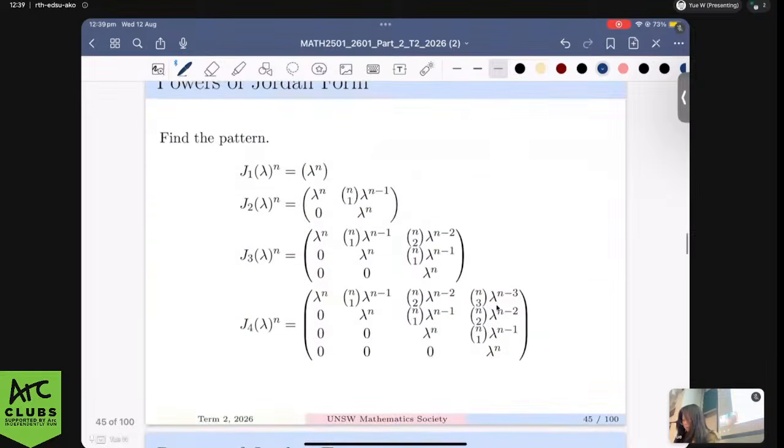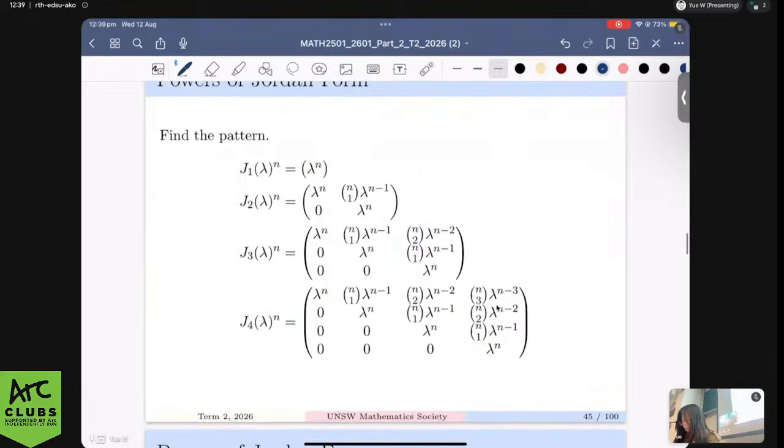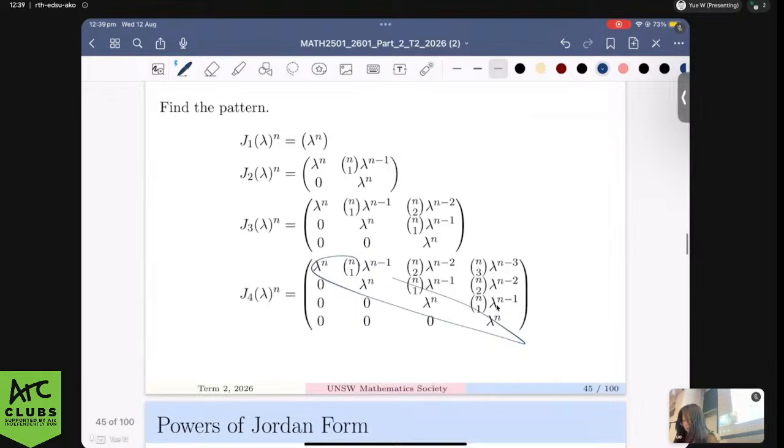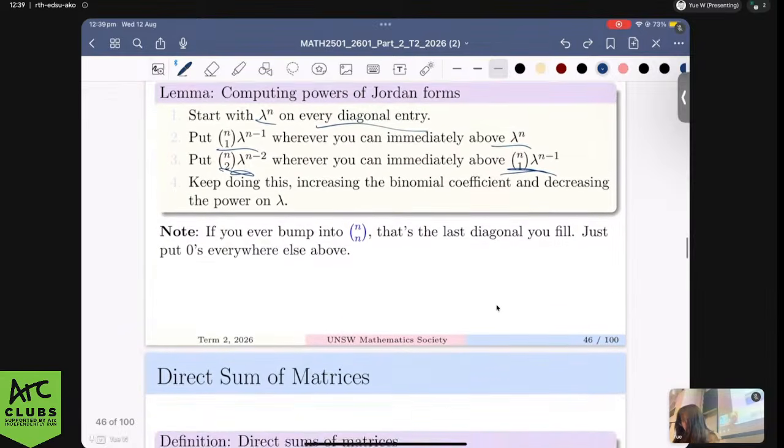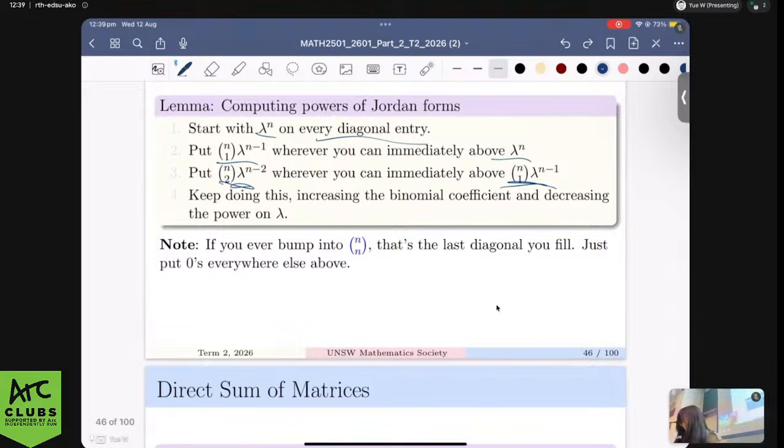So this is just what you have seen here. The diagonals match up. Oh yeah, and an important note is that if you ever bump into n choose n, that has to be your last entry.